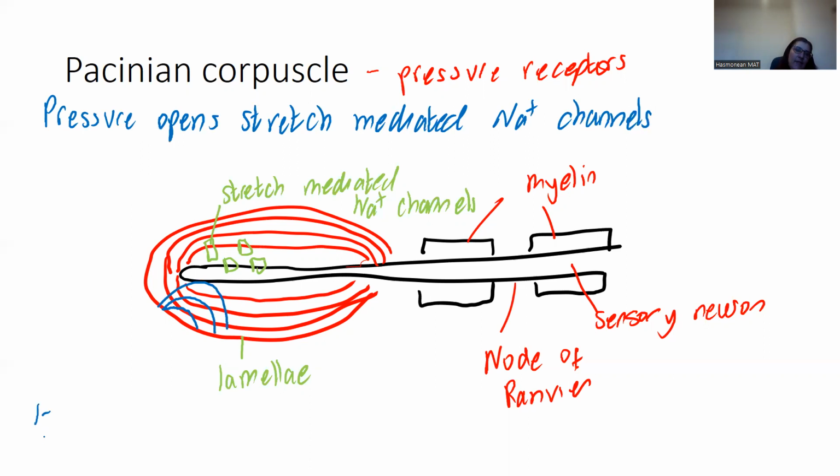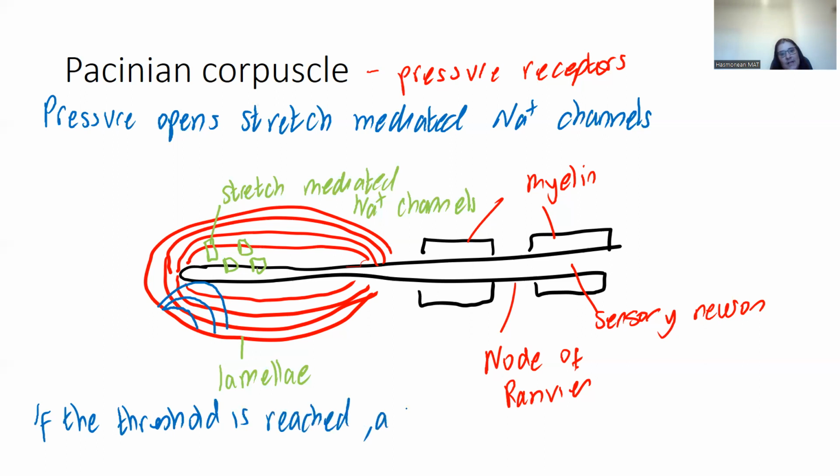And if the threshold is reached, and that is important, we'll come to that on the next slide, a generator potential is created. So I'm going to look at the next slide. We're going to look at an example of this.